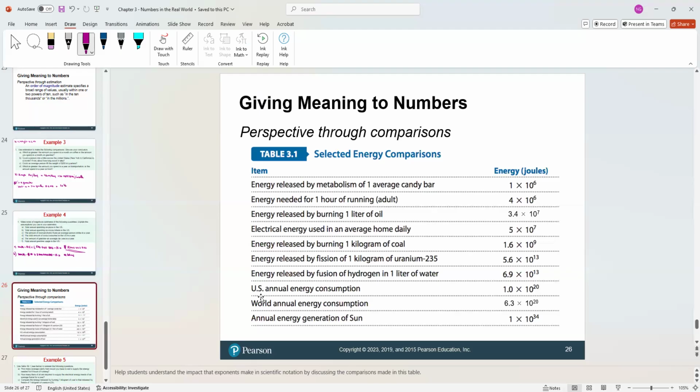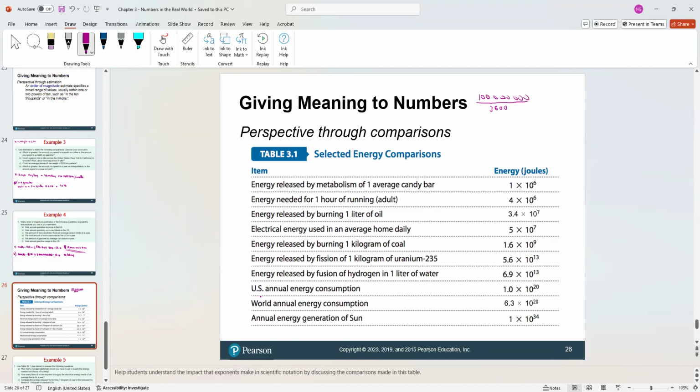But if you take 100 billion and divide it by the number of seconds, let's do it.